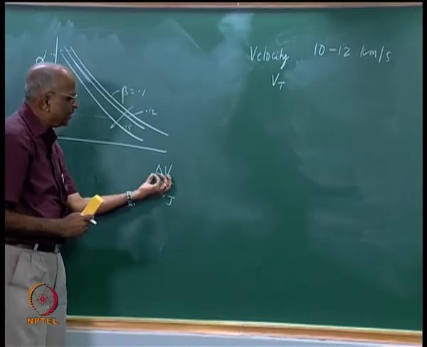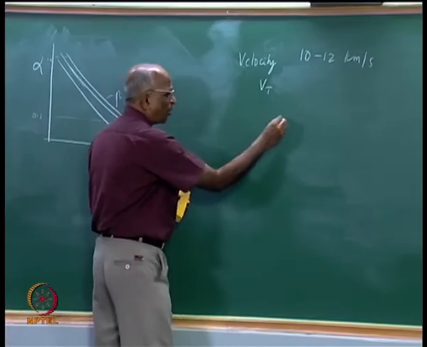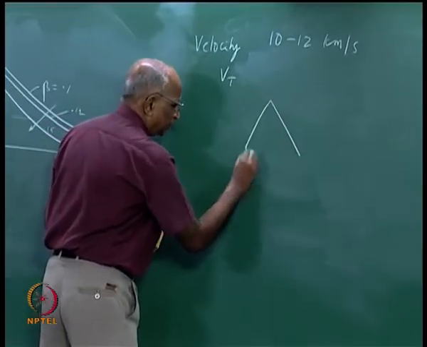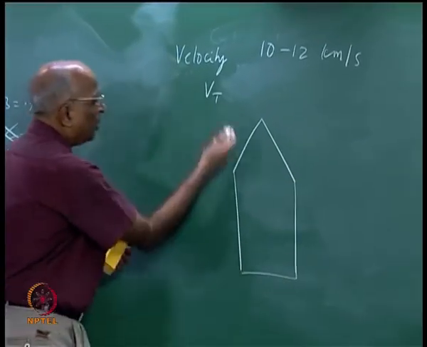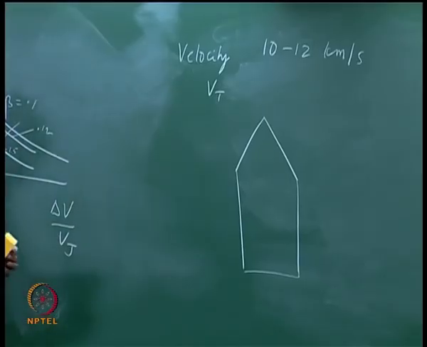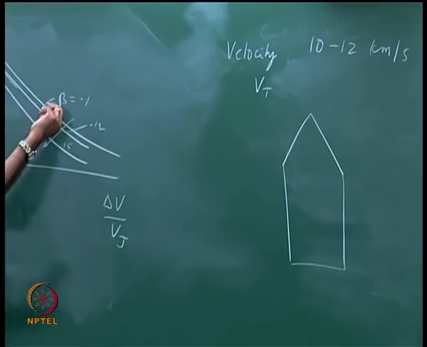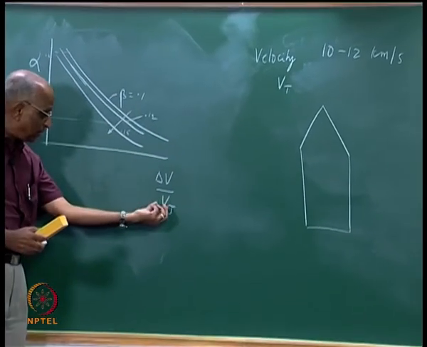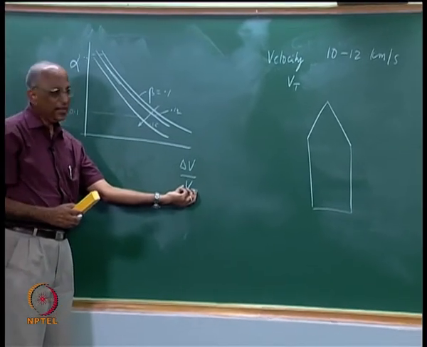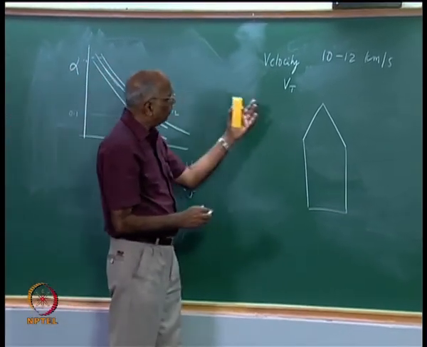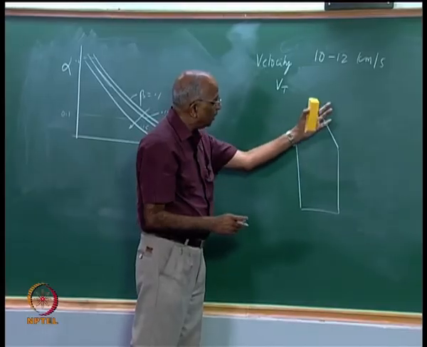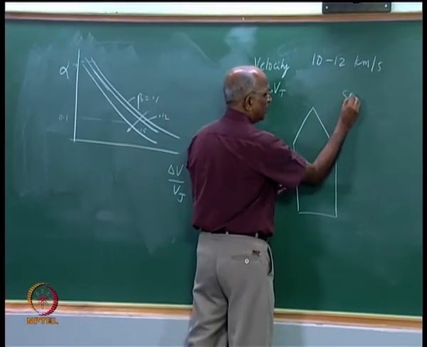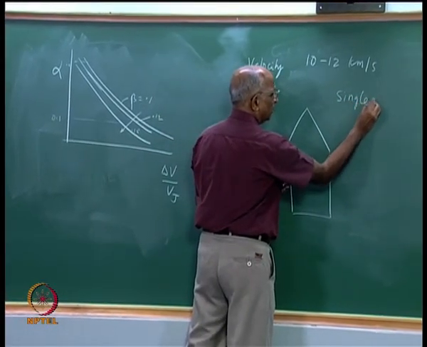But to get this, if I have a single rocket, I may not be able to get that, because I have a definite mass of the structure, I have a limitation on Vj, and therefore to be able to launch a payload into orbit using a single rocket is difficult.